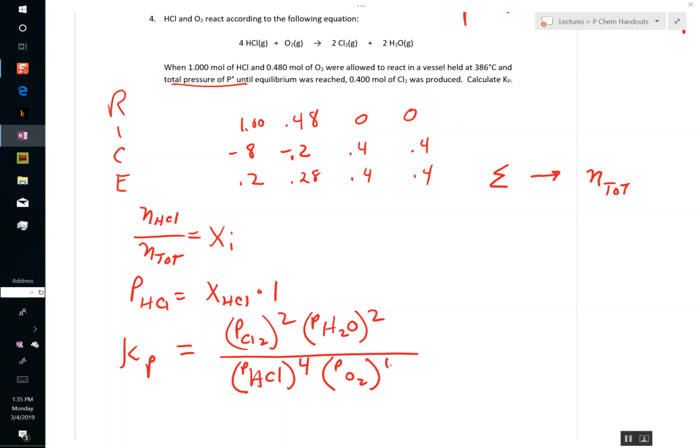So we should be able to plug in those partial pressures and get the right answer. I think so, but I have not been able to do that. So you get the partial pressures of carbon monoxide, hydrogen, and methanol.